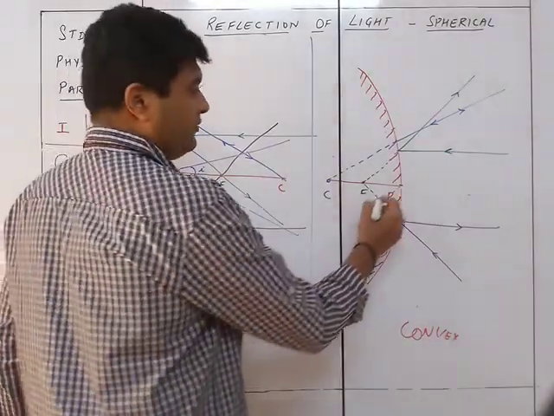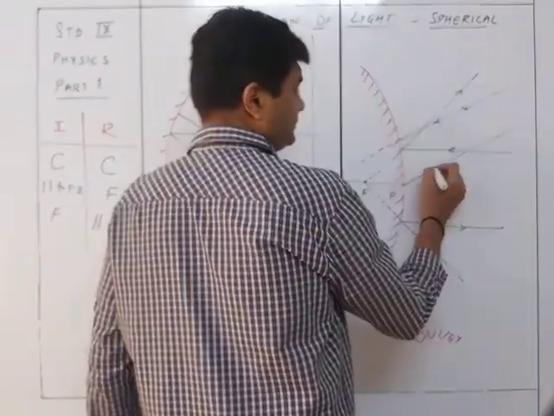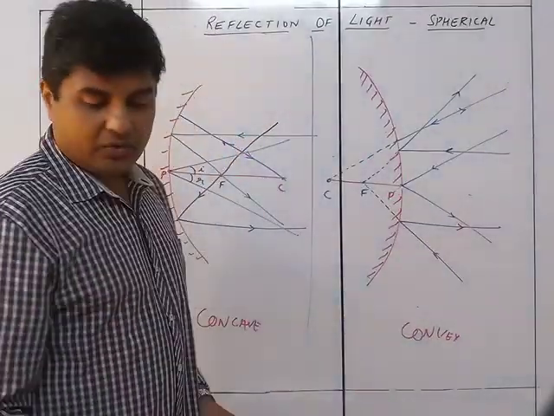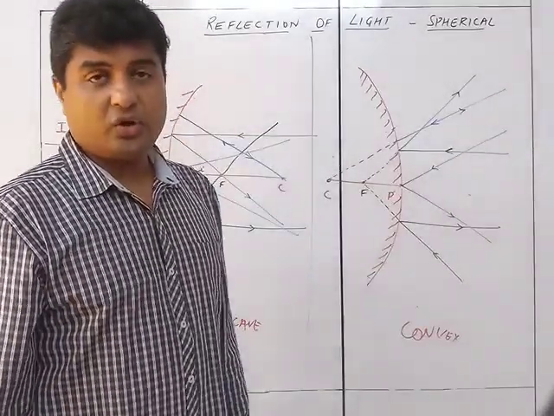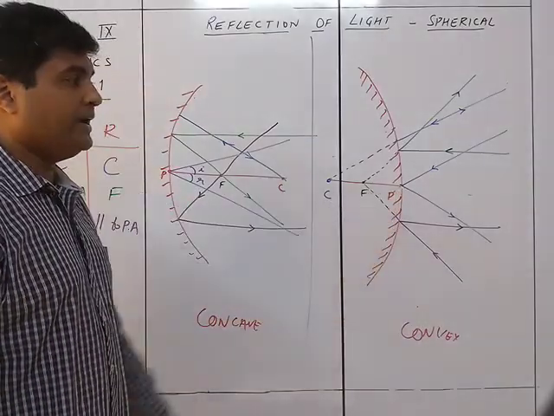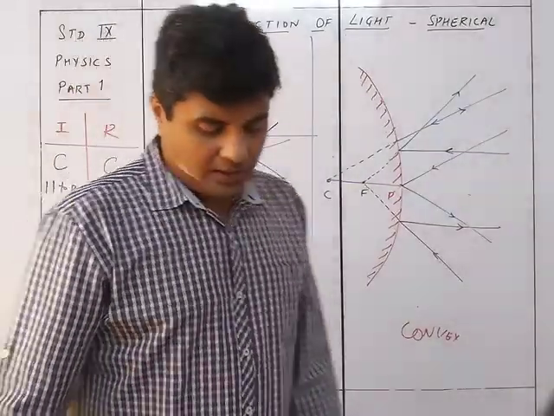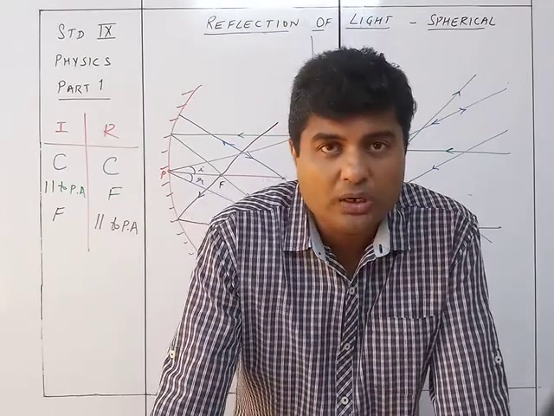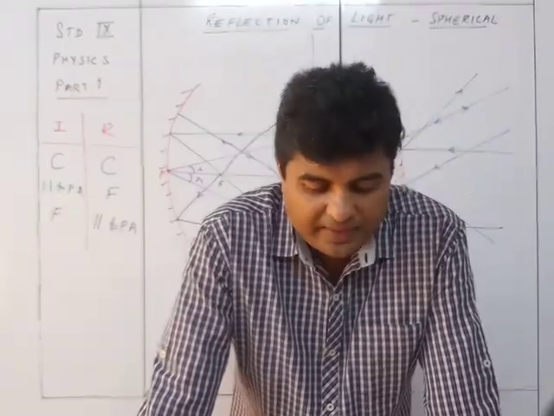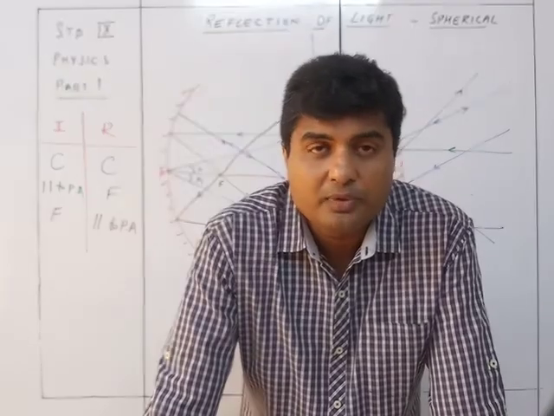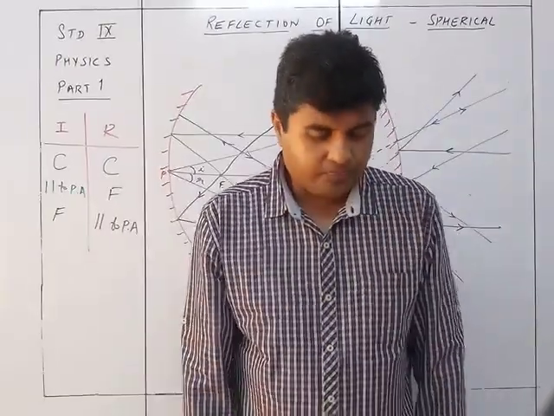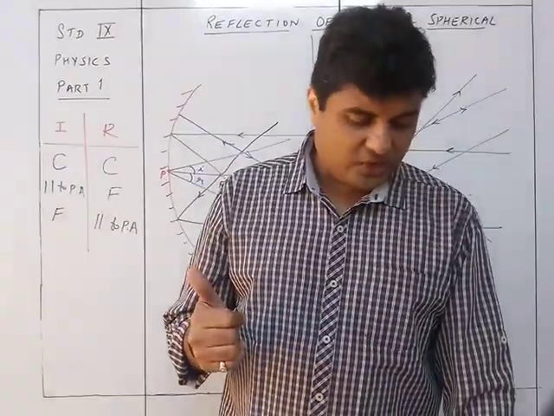Same way, if it is this angle here, an equal angle is formed over here. So a line incident at the pole is going to be reflected based on the laws of reflection, that the angle of incidence is equal to the angle of reflection. So these are the 4 things we have studied over here.